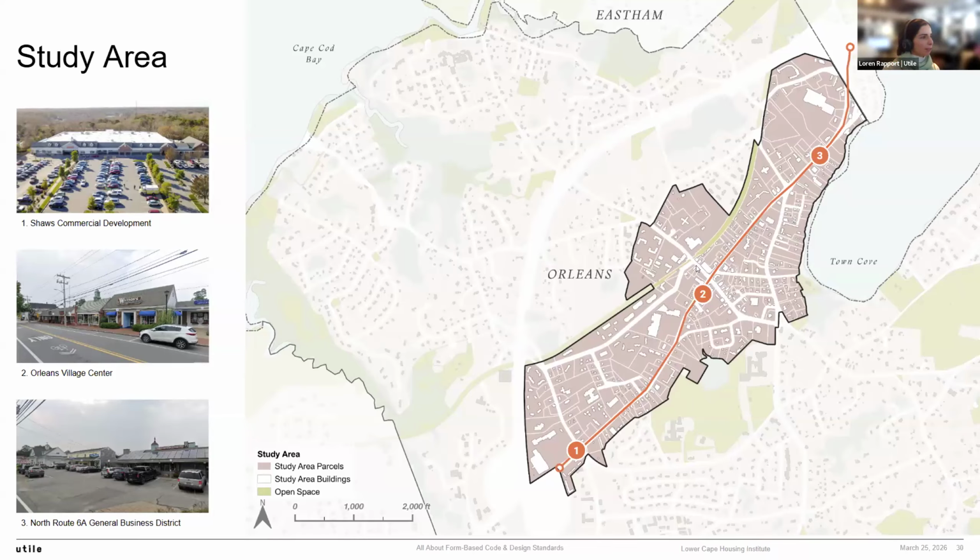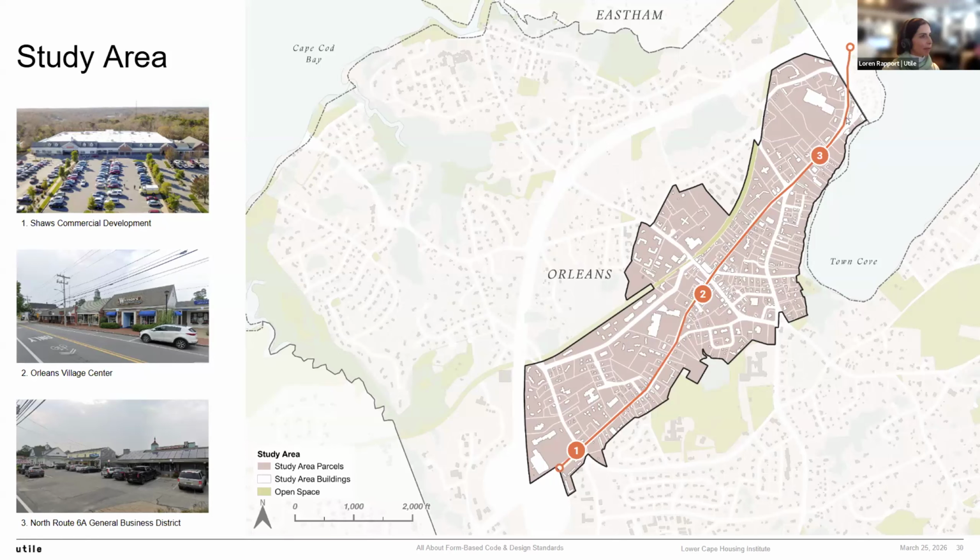We have a variety of different characters, I'll say, of the urban design as it exists in the study area right now. So it's anchored by these large big box developments on either side of the study area. So here's an example of the Shaws there. There's the Village Center located in the center of our study area, and that has more, I'll say, pedestrian-friendly development than other parts of the study area.